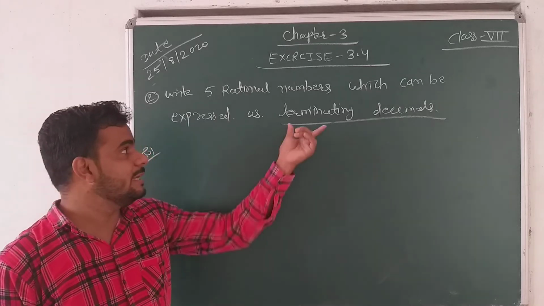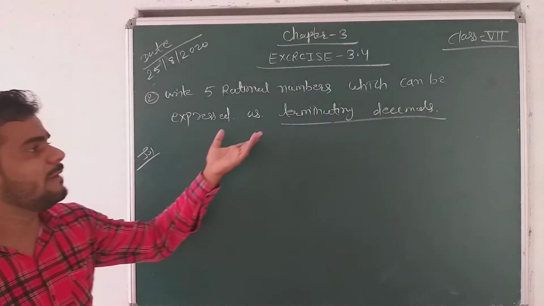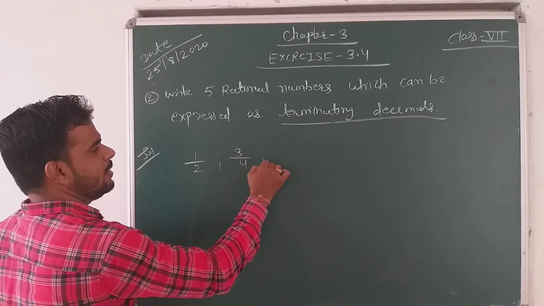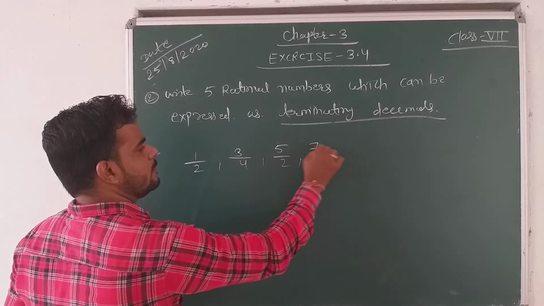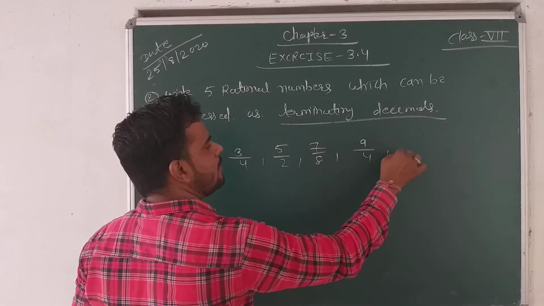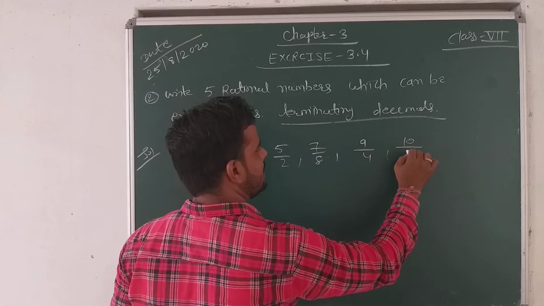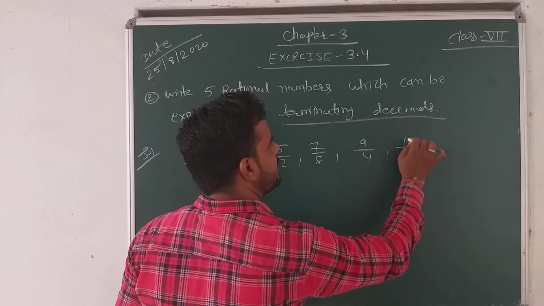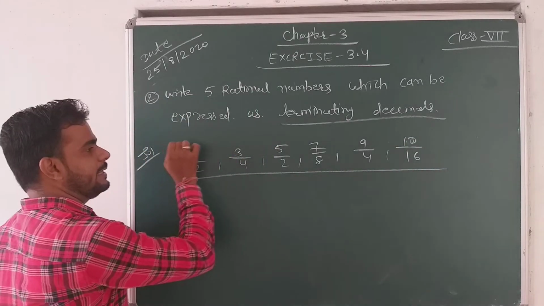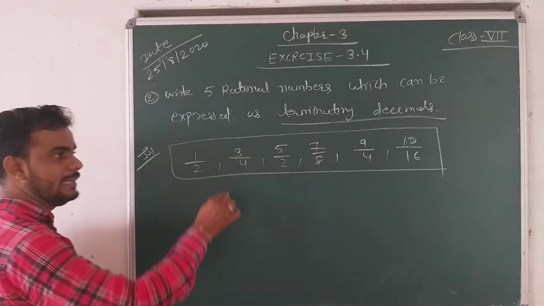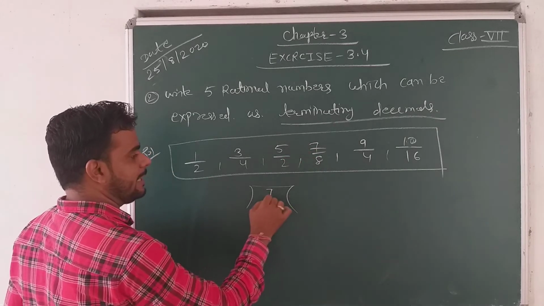Okay, so let's see terminating decimal. So by your own mind you can write 1 by 2, 3 by 4, 5 by 2, 7 by 2, 7 by 8, 9 by 4 and 10 by 16. Whatever you want to write you can write from your own mind. This all is terminating decimal. Just check. Anyone, take 7 by 8.